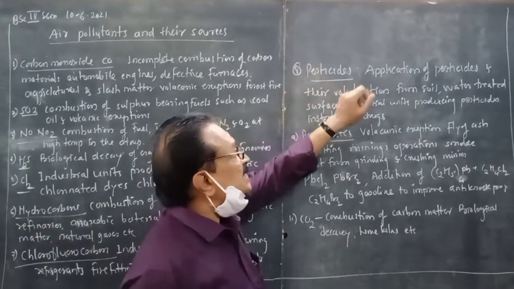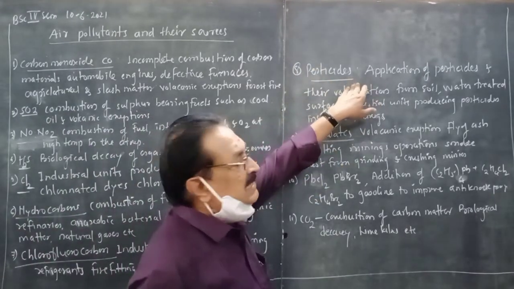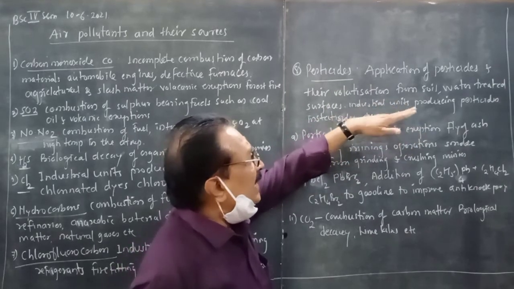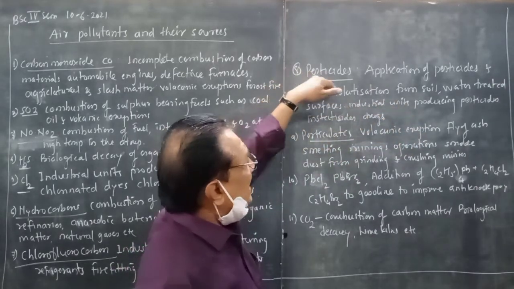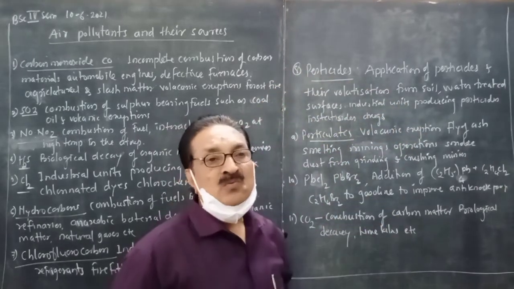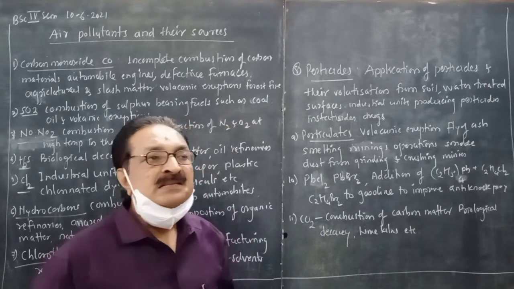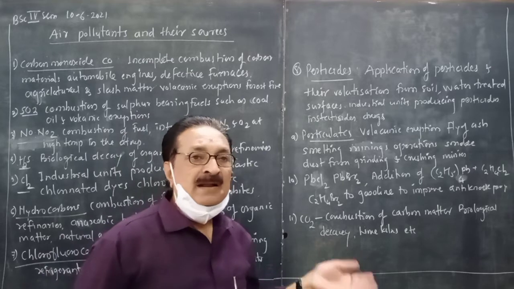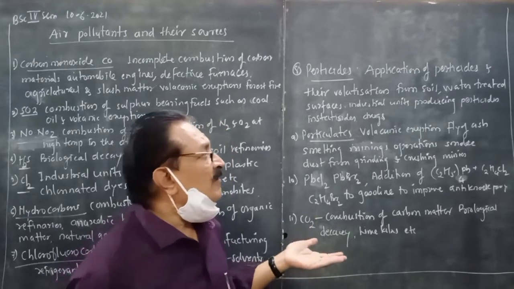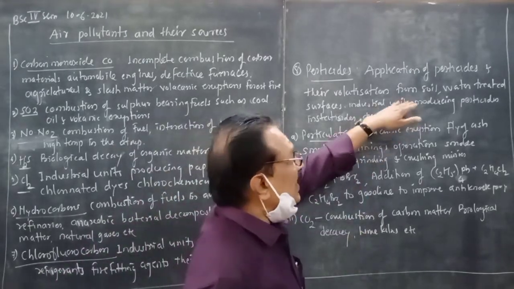Next one is pesticides. You know, pesticides are applied to the soil with fertilization. When they are applied, what happens? Some of the pesticides are volatile. They convert into the form of gas from the soil surface.